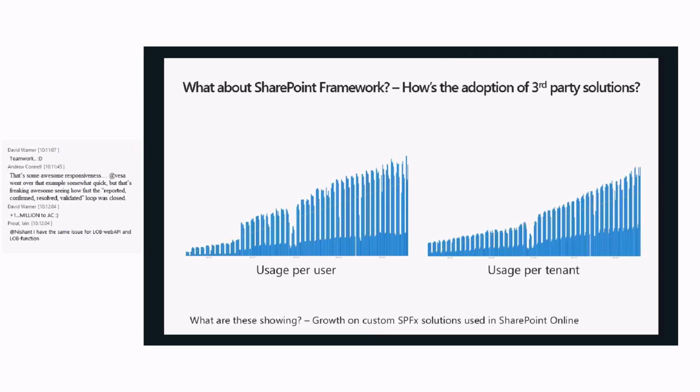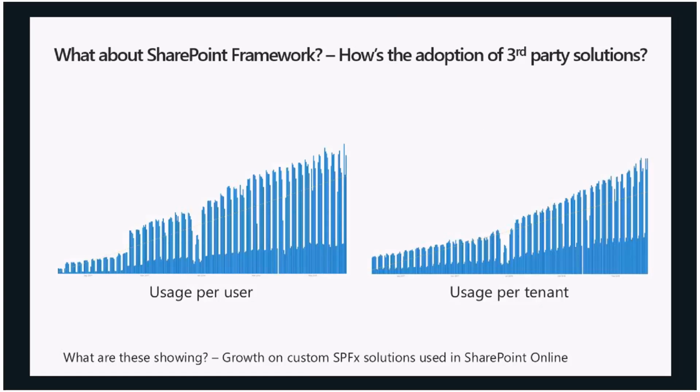So using SharePoint Framework in developer tenants, which are free for you from our developer programs, pretty soon we can see the reaction, because whenever people are using stuff in the developer tenants, that will eventually generate traffic on the normal tenants as well. But the usage is really off the roof. This is by far the most used customization model in Office 365, which is pretty cool.